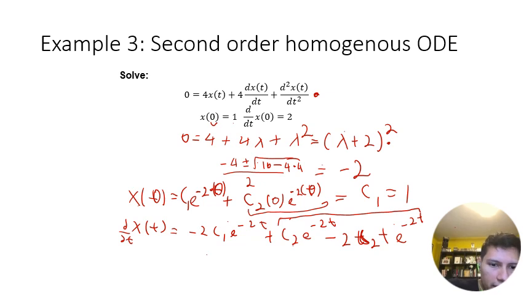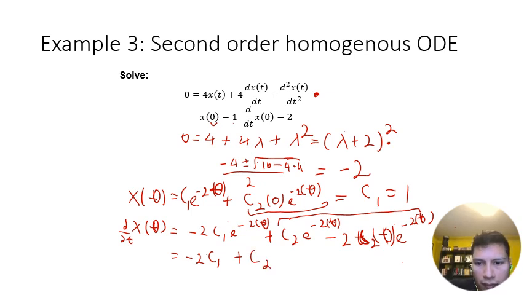Then I'm going to plug in 0 into the derivative equation. This becomes negative 2 c1 plus c2, and the other term cancels out.